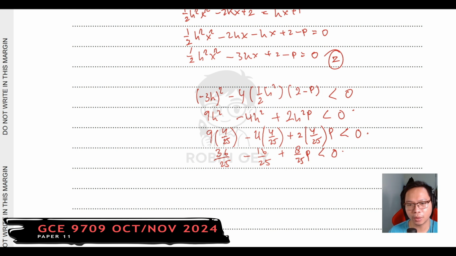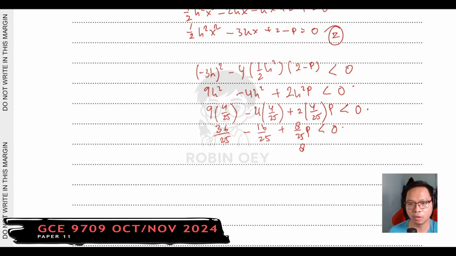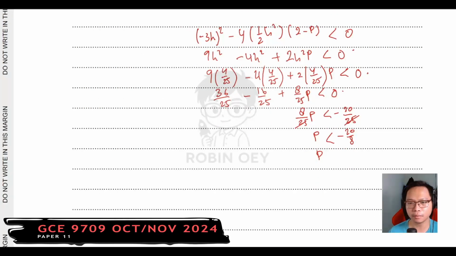Okay, I just move it to the other side, less than negative 20 over 25. We cancel the 25, so p would be less than negative 20 over 8, or p is less than negative 5 over 2.